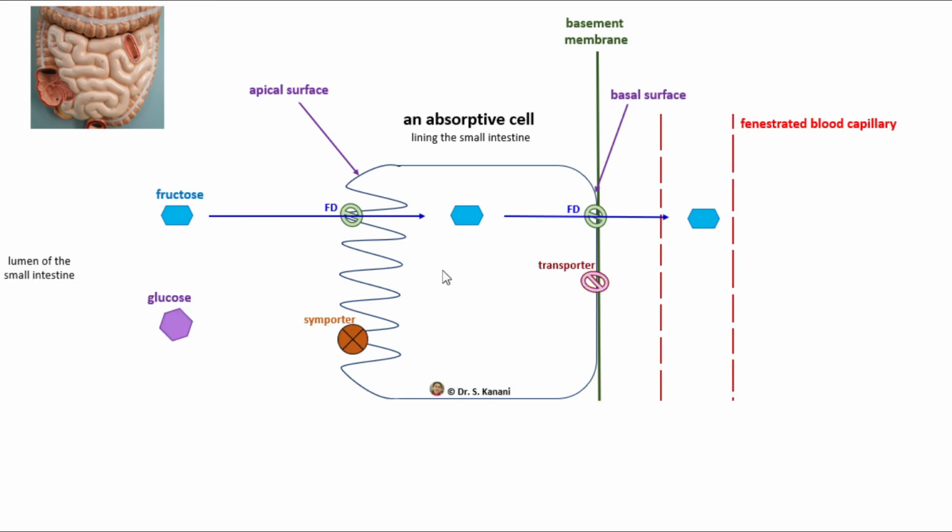When we follow the absorption of glucose, quickly we notice that its absorption is slightly different, because when we look at the apical surface of the absorptive cell, instead of a transporter, we see a protein that is called a symporter. Recall, a symporter is a protein that transports two different things in the same direction.